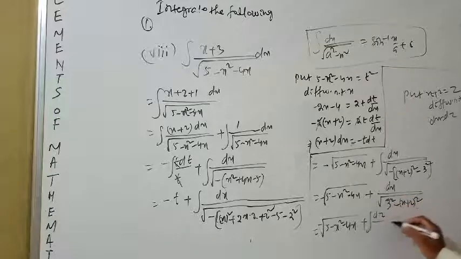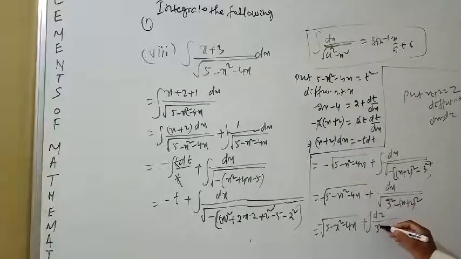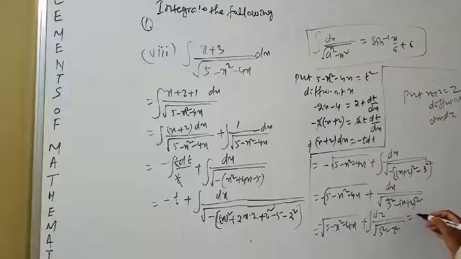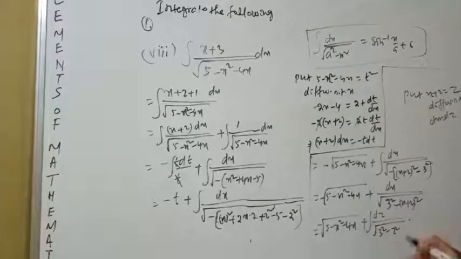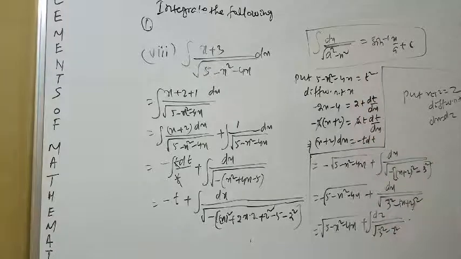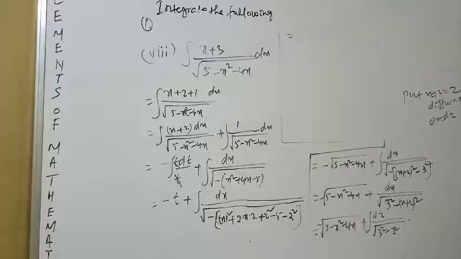dz by root over 3 square minus z square. Is equal to how much?